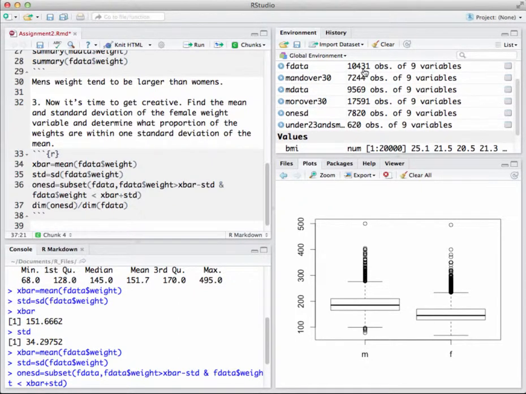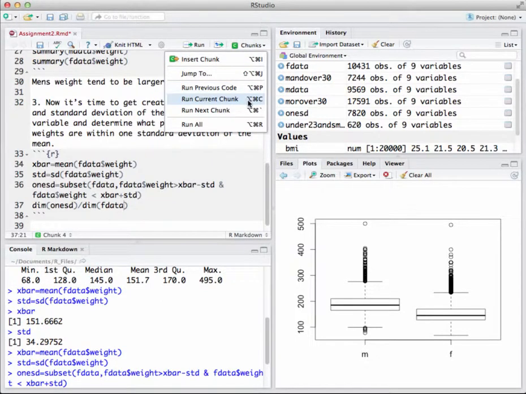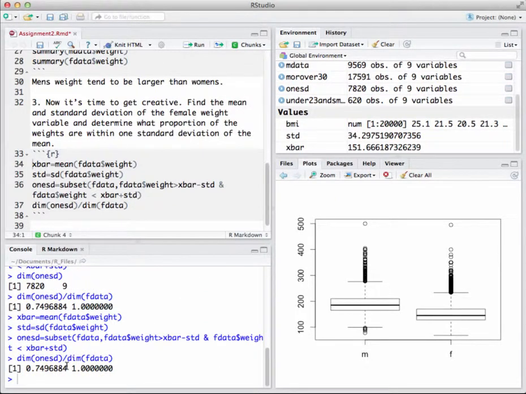That's 10,431 divided into the 7,820, and then 9 divided by 9, so that's going to give us back a 1. Okay, so let's just run this R chunk that we're in right now just to see what it's going to give us. So run the current chunk, and sure enough, what do we see? We get back basically 75% of the data falls within one standard deviation, and this one right here, that was 9 divided by 9. So you need to ignore that because that's not the number we really need.